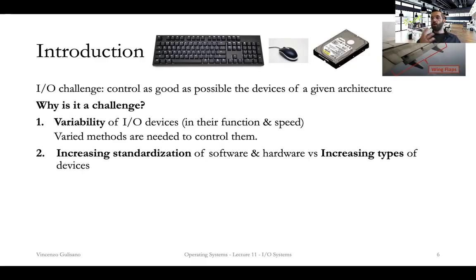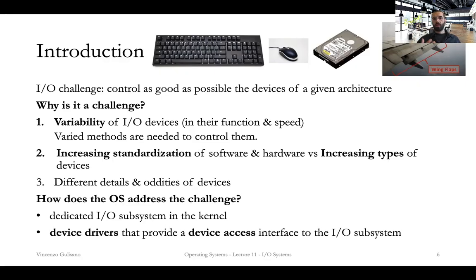You want to have the concept of a keyboard, the concept of a mouse, so you want to keep it simple in order for the operating system also to be simple and modular and so on. And this is what I mentioned before. Each device has its own oddities. I can think about the wing flaps example.